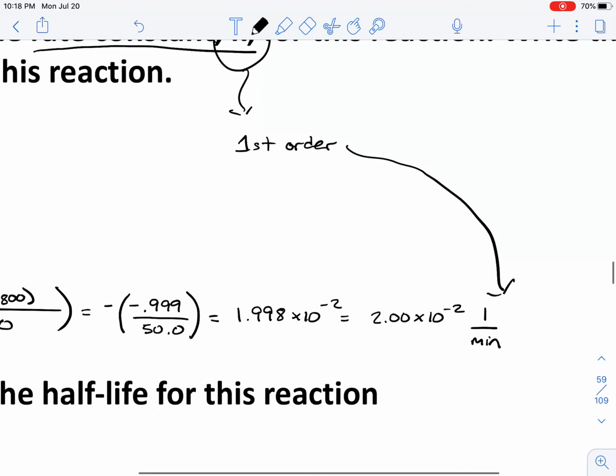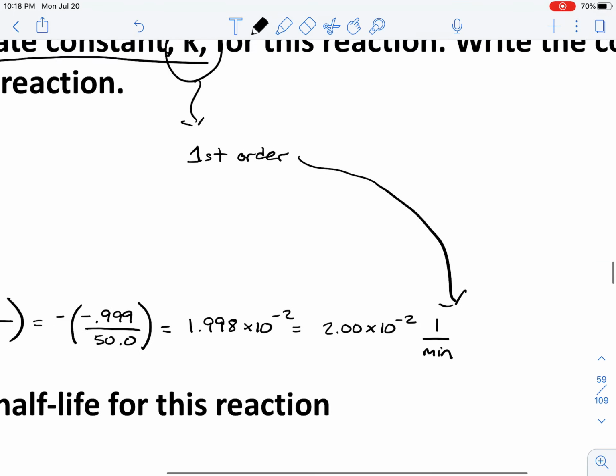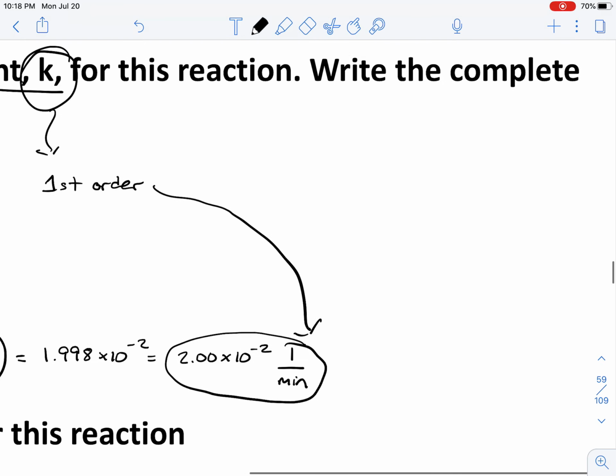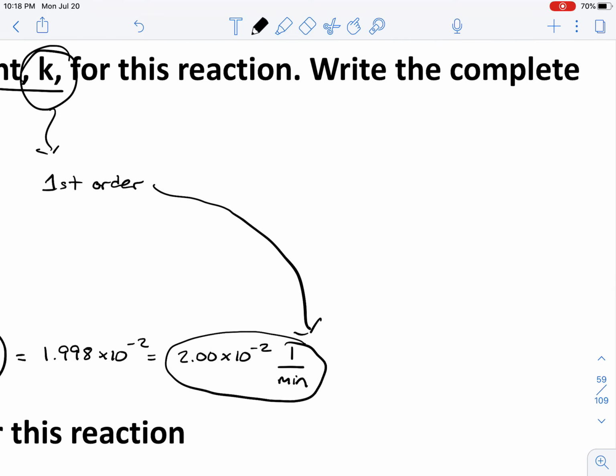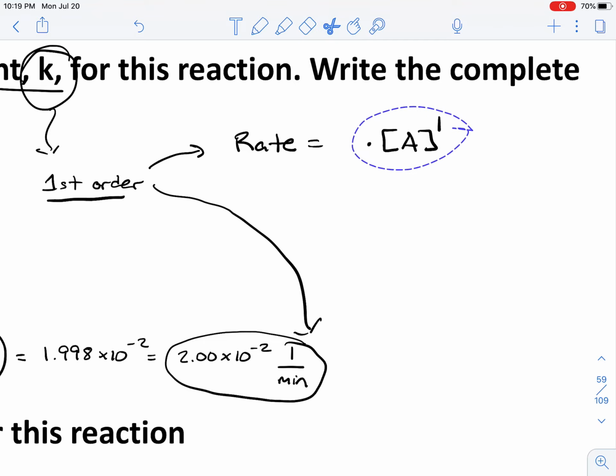Okay. And so now that we know the value for k, we're going to go ahead and write the complete rate law. So remember that this is undergoing first order kinetics. So therefore, the rate of the reaction is equal to k times the concentration of A raised to the first power. And so now that we've figured out what k is, we're going to go ahead and erase that. Let me move this over to the side.